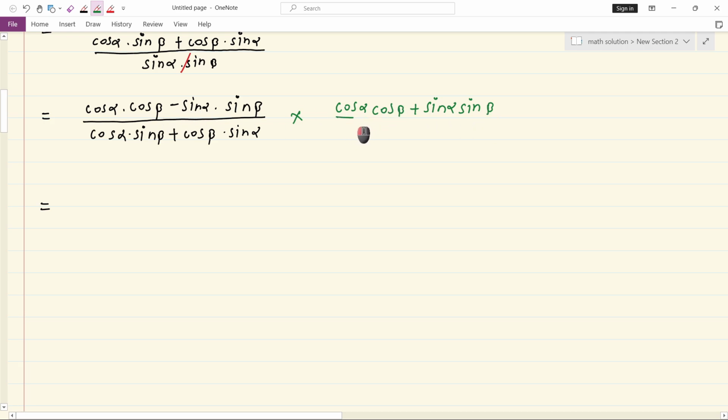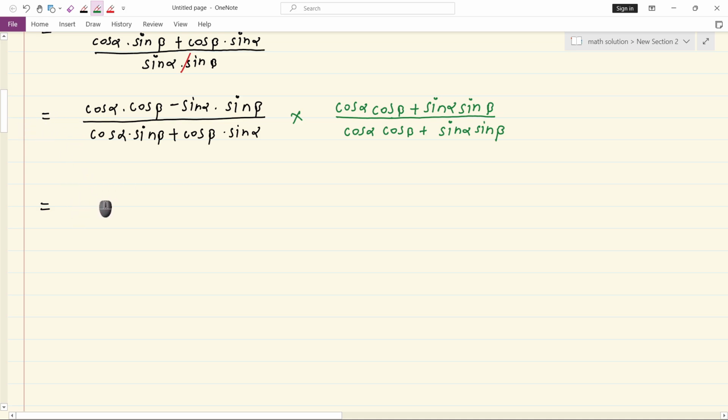What will this affect? It will make our formula easy. Cos alpha cos beta plus sin alpha sin beta. We can multiply and divide with the same terms in mathematics. This is what I have done here. This will make our expression simpler, and easier to convert into the formula.